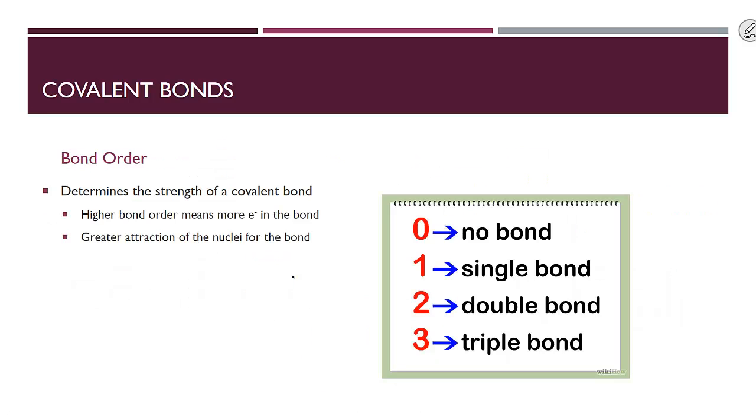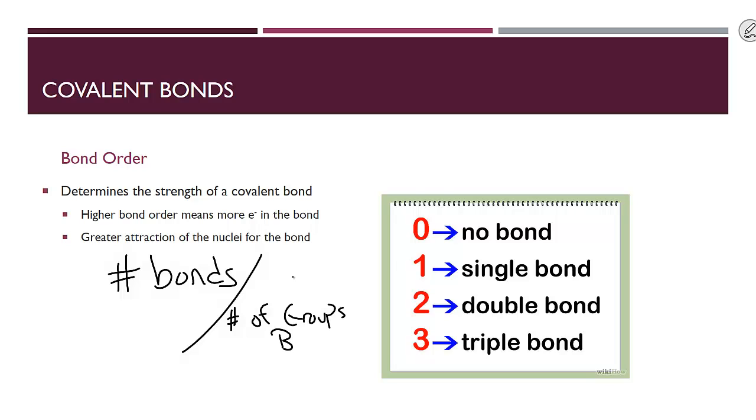Bond order is the number of bonds divided by the number of groups bound, or terminal atoms. So for example, in our carbon dioxide example, there are 4 bonds. 1, 2, 3, 4. And there are 2 terminal atoms.